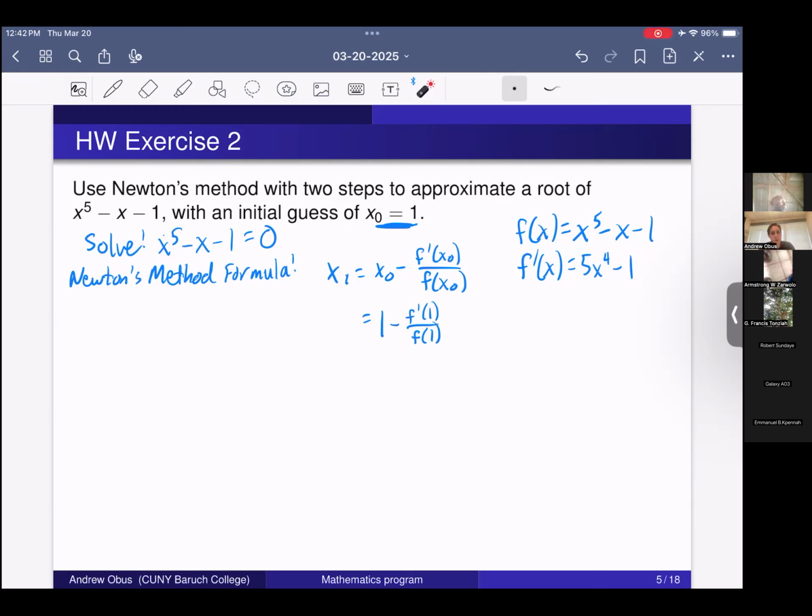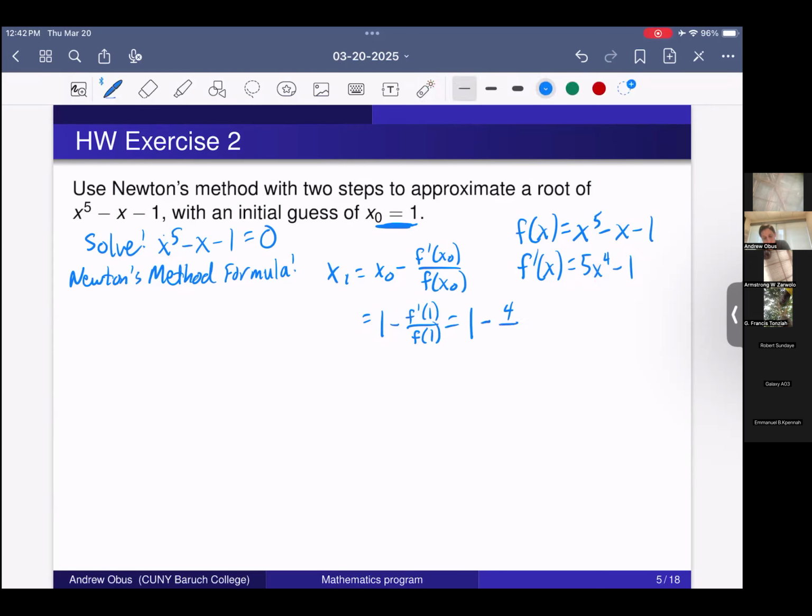Okay, so we're going to do two steps of Newton's method. To get our first guess, we're going to take 1 minus f prime of 1 over f of 1. So what is that? This is equal to 1 minus, well, f prime of 1, if we plug in 1, we just get 4, because it's 5 times 1 to the fourth minus 1, just 5 minus 1.